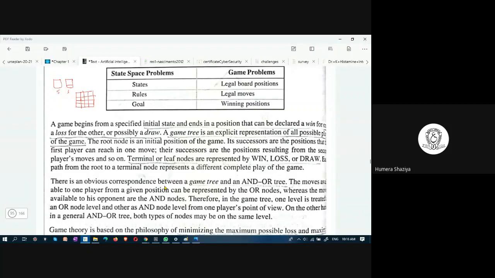The root node is the initial state, and there are successors of the root, wherein the first player can reach from one move to another move. And there are terminals. Terminals are the leaf nodes that denote either win, loss, or draw.